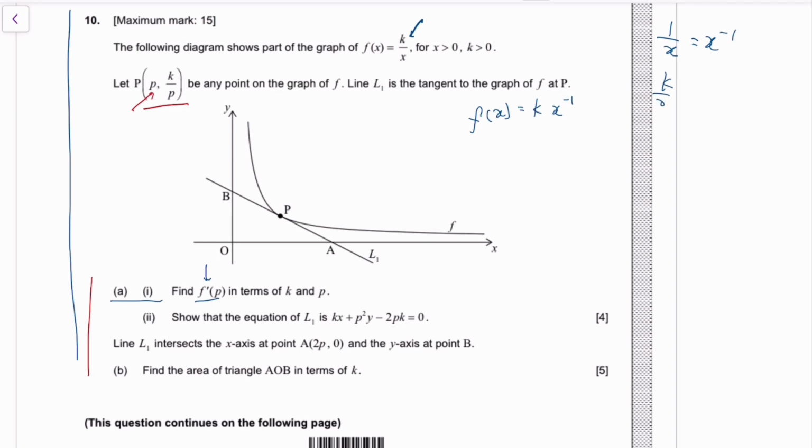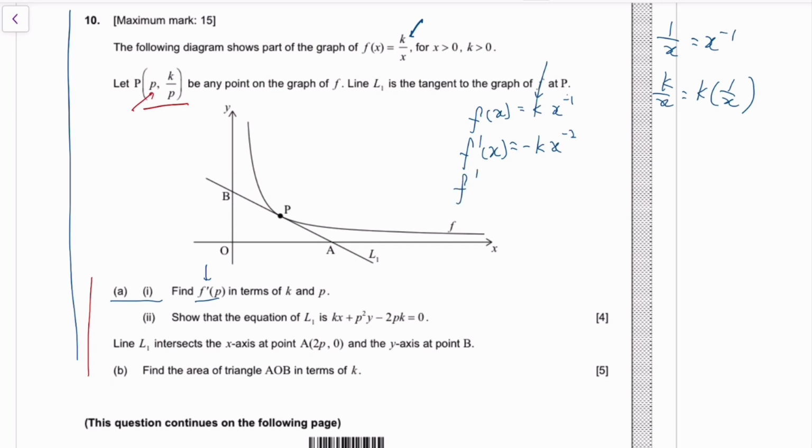And k over x is the same as k times 1 over x. So we differentiate. Remember, when you differentiate, the number in front of x stays there, don't do anything. So this k just stays there. And you differentiate, you drop the power, and then you minus 1 from the power. Minus 1 is minus 2.